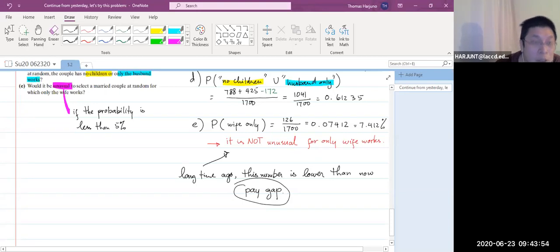That's the consequence. But because the pay gap is getting less right now, it's better, right? Then we will see more and more married couples in which only the wife works. Of course, you will also see more and more couples where both work.